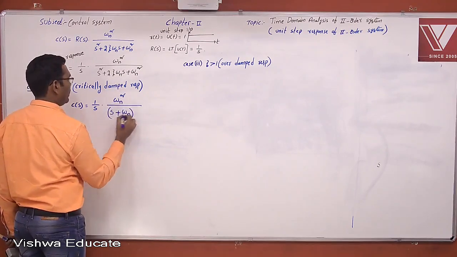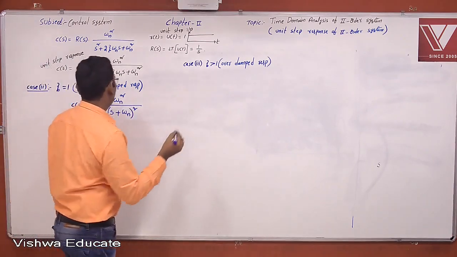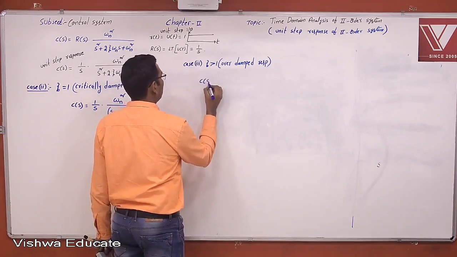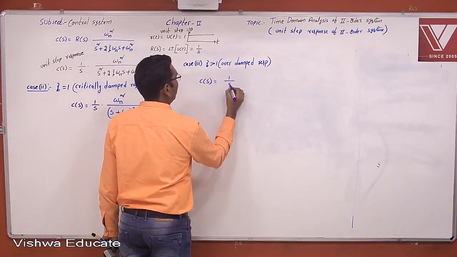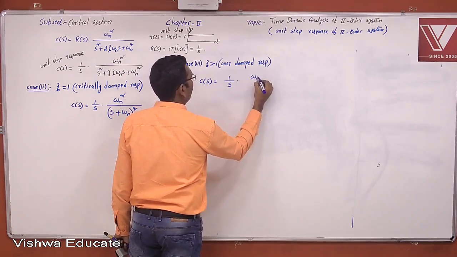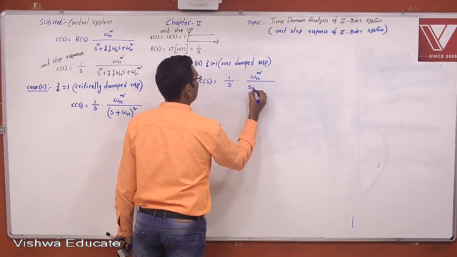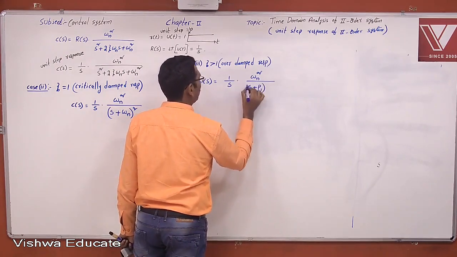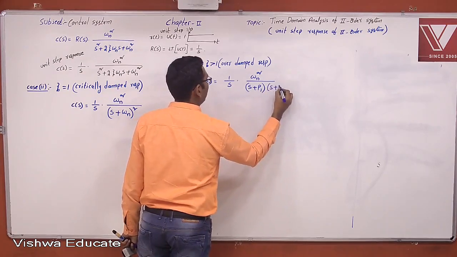For the overdamped case, C of S equals 1 by S into omega n square by two poles, S plus P1 and S plus P2.